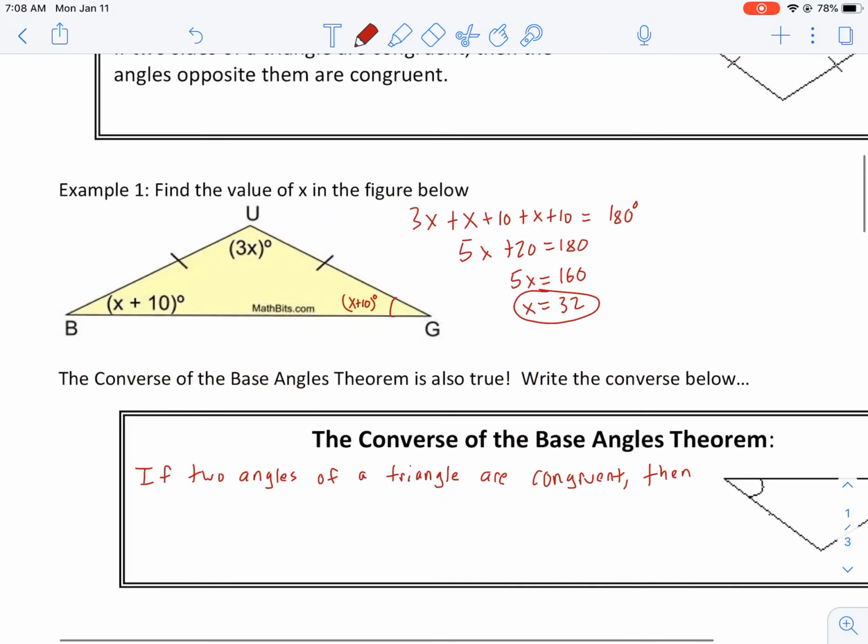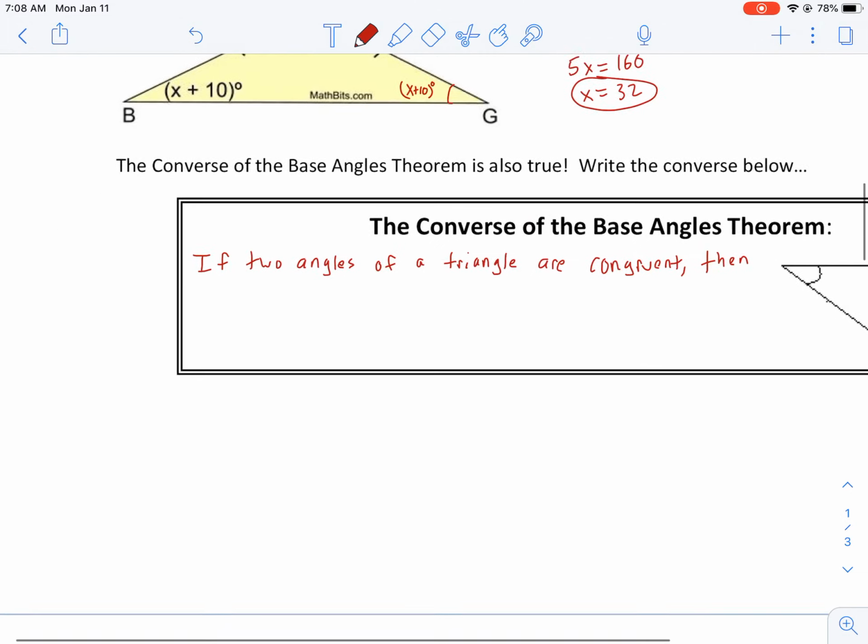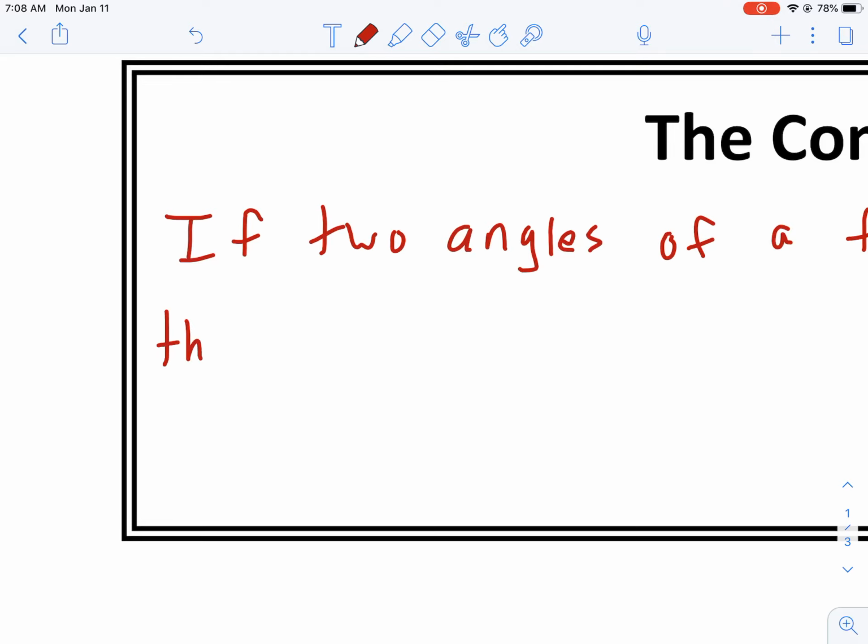So we're basically just switching sides and angles from the ones above. Then the sides opposite them are congruent. So it goes both ways.